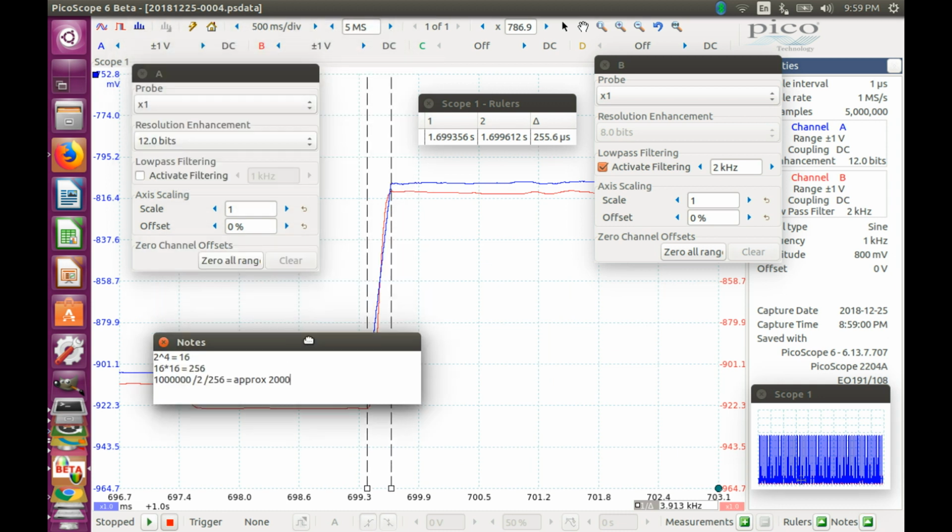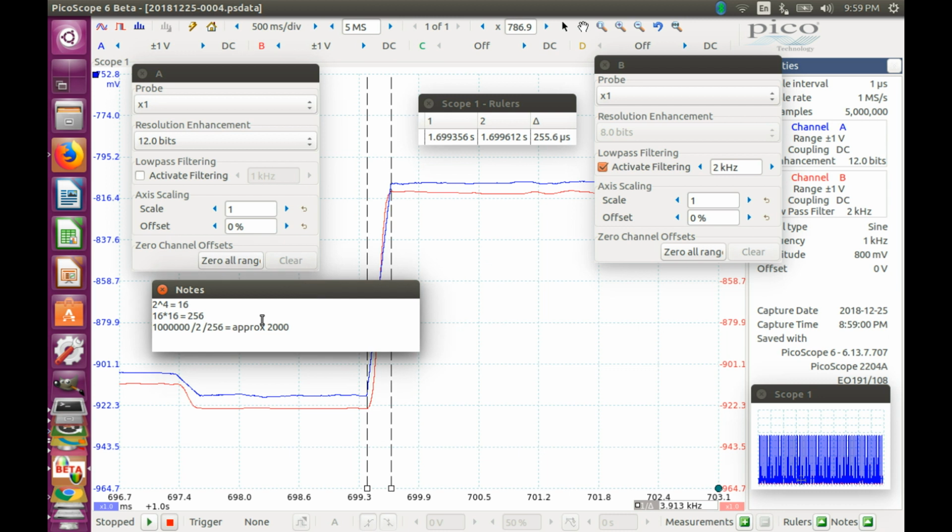To do that, we need to calculate the period of a 2 kHz frequency.